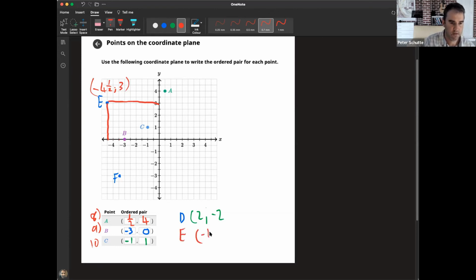E, -4.5, semicolon, 3. And then F is in line with -3.5, and it's in line with -3. So F is going to be -3.5 and -3.